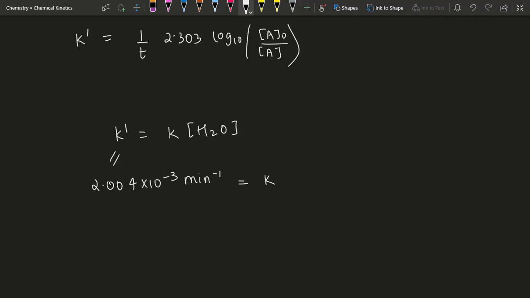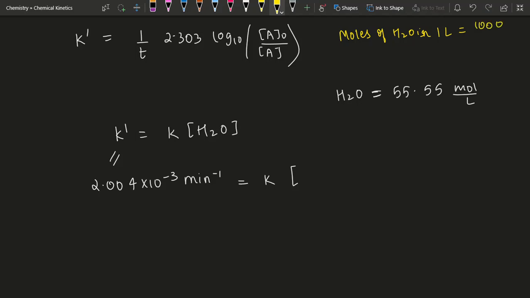That is equal to k times the concentration of H2O, and this is an interesting problem. It's equal to 55.55 moles per liter. And how did I derive this? Well, you could try that by using the formula for molarity. The number of moles of H2O in 1 liter is equal to 1000 over 18.